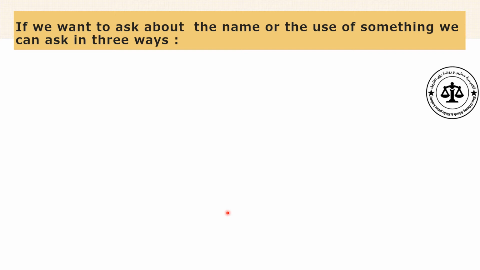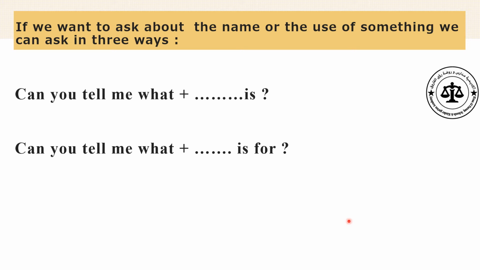So my students, if we want to ask about the name or the use or the function of something, we can ask in 3 ways. Can you tell me what the machine, the lever, the button is? Can you tell me what the machine, the lever, the button is for?